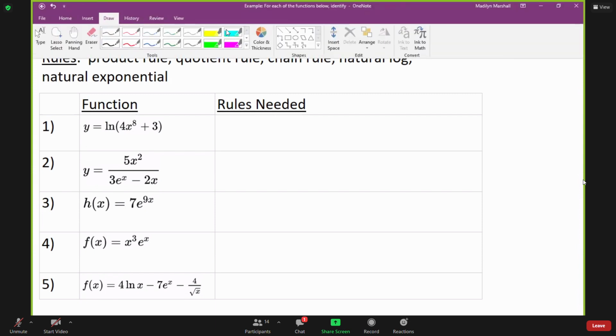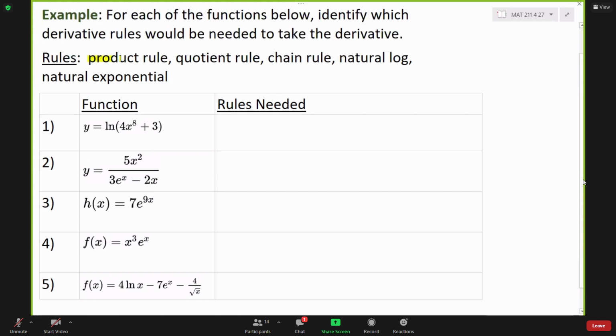With special attention to product rule, quotient rule, and chain rule, because those are the ones that I think get mixed up a little bit and are hard to identify. Natural log and natural exponential are a little bit easier to spot. So try to think about what rules are needed for each of these, and there could be more than one rule per function.